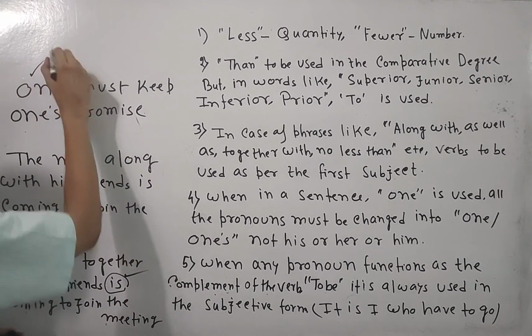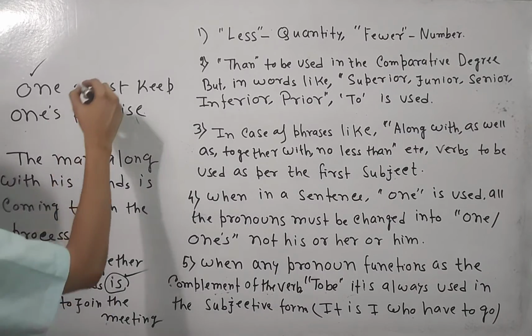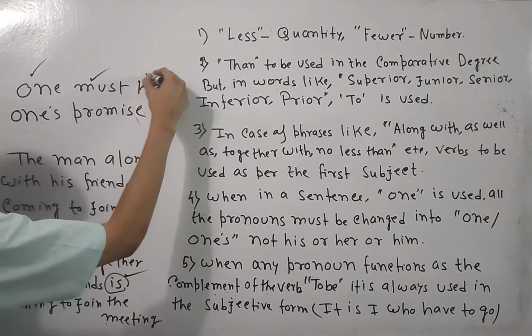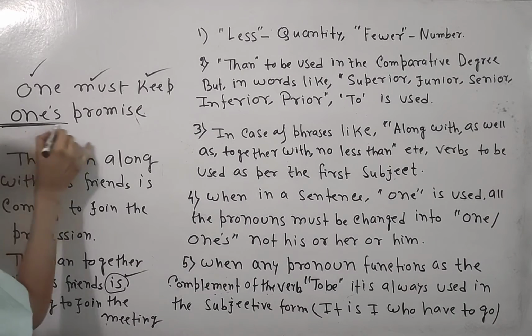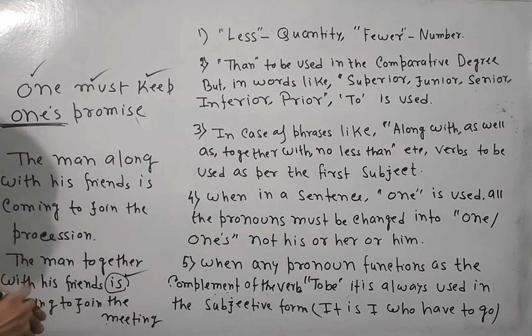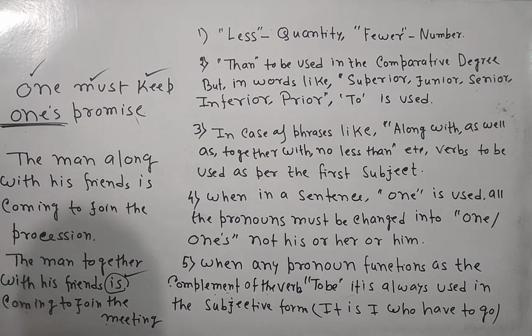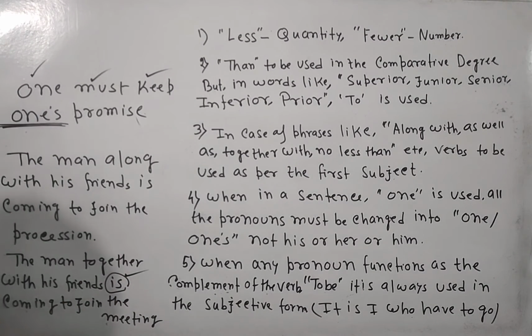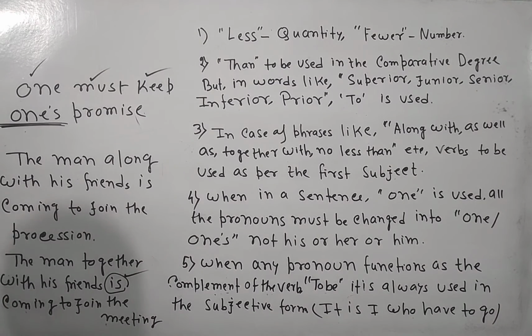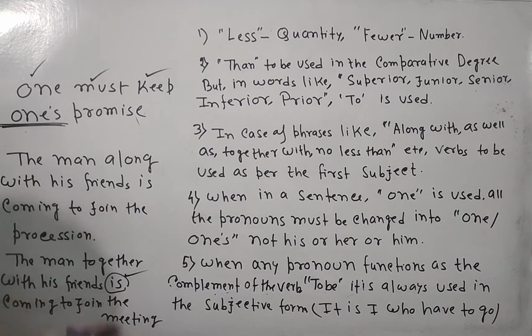Here "one" is the indefinite subject, "must" is the modal auxiliary verb, and "keep" is the main verb. Often students make the mistake of writing "his". Whenever you write "one", something like "one's" must be there; "his" cannot be there. So instead of his or her or him, "one's" must be written.